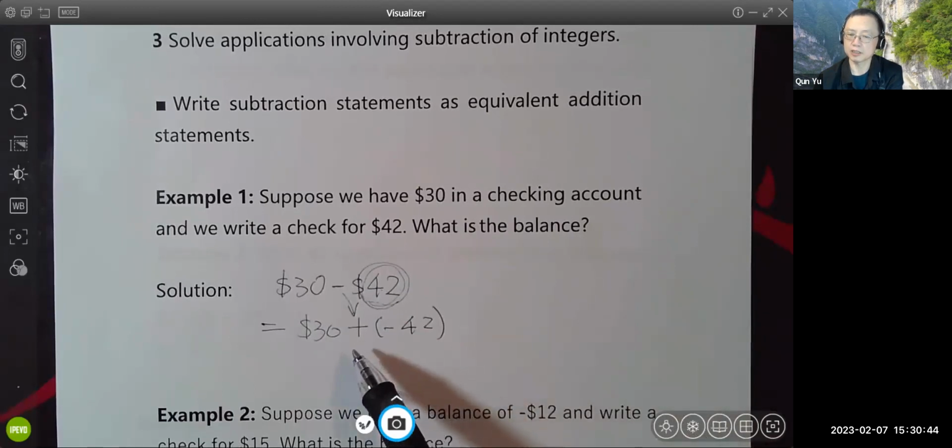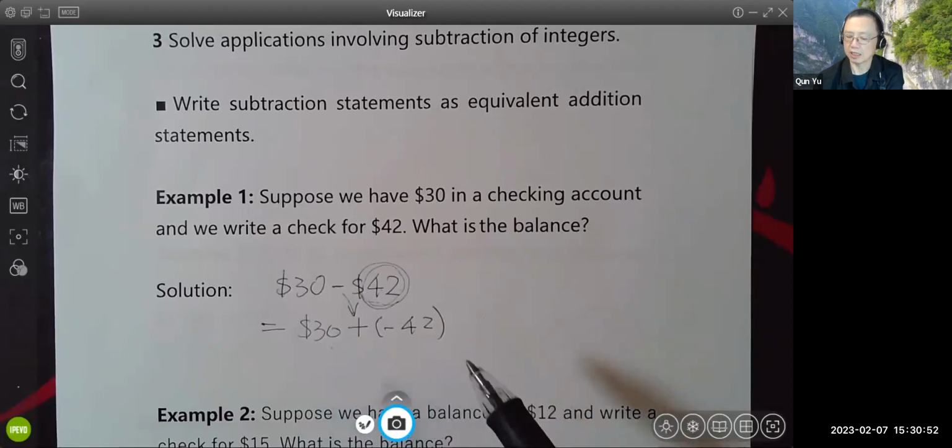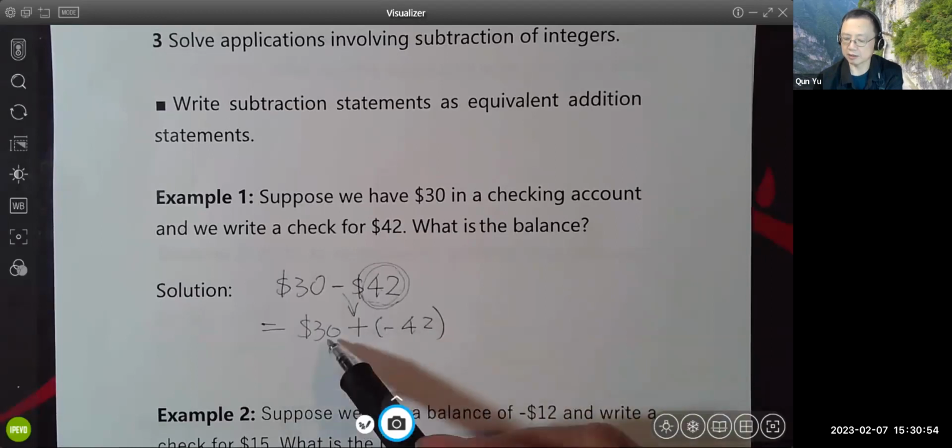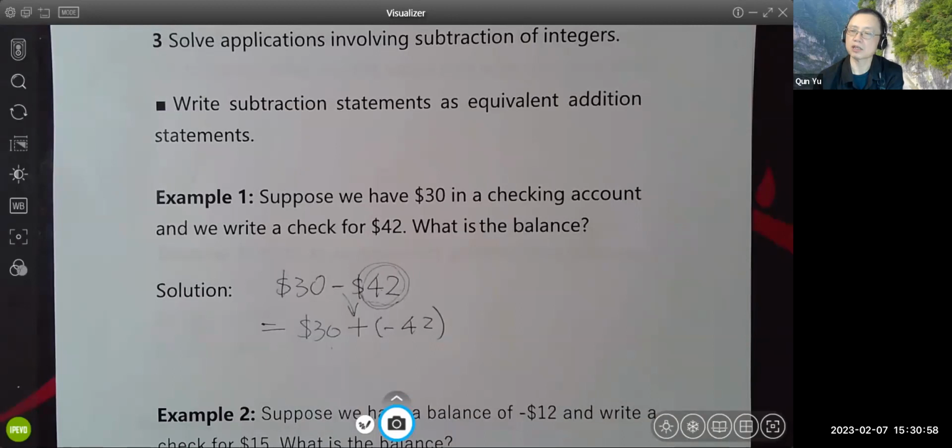Now, from what we learned in the last video on adding integers, we know these two numbers have different signs. And when they have different signs, the smaller amount is going to be canceled, and you're going to have some leftover from the one with bigger magnitude.